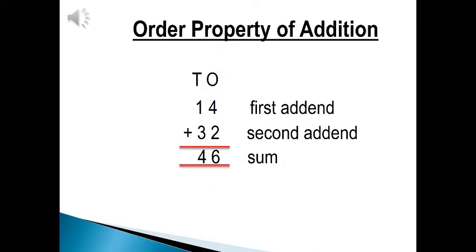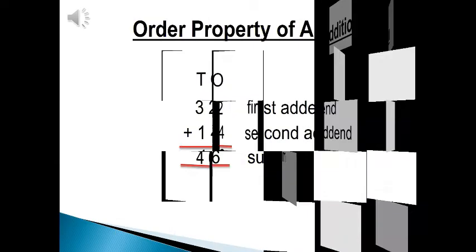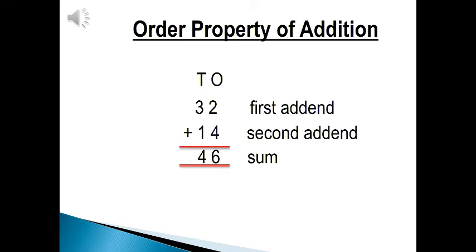Order property of addition. Let us take the numbers 14 and 32. First, we will arrange the numbers as their place value. When we add 14 and 32, we get the sum 46. Now, just change the order of addends. When we add 32 and 14, again we get the sum 46.